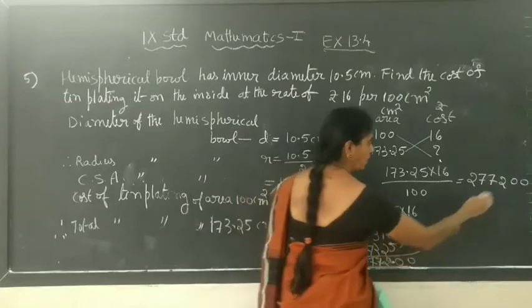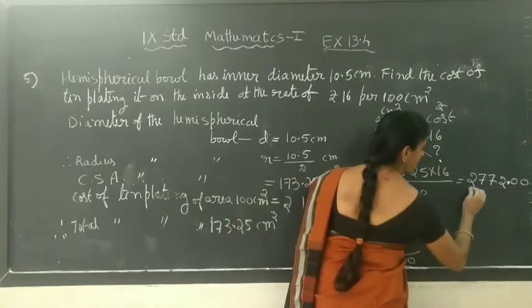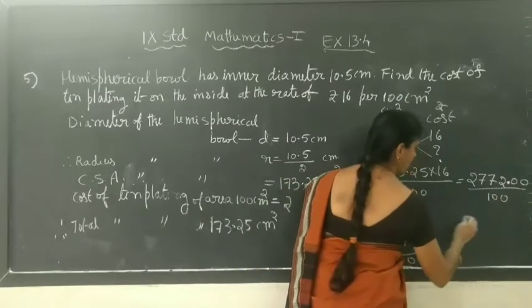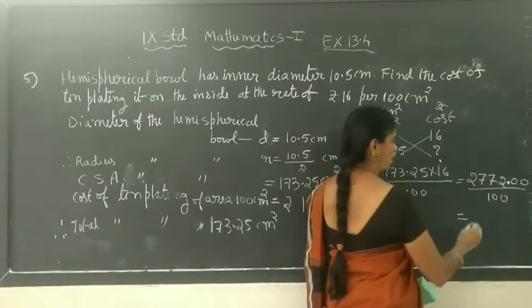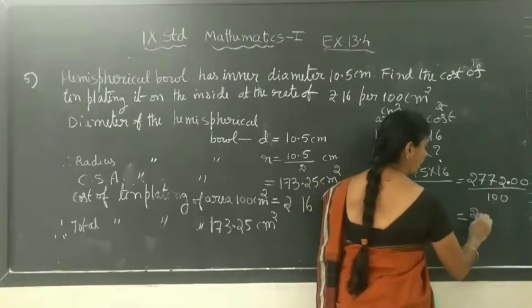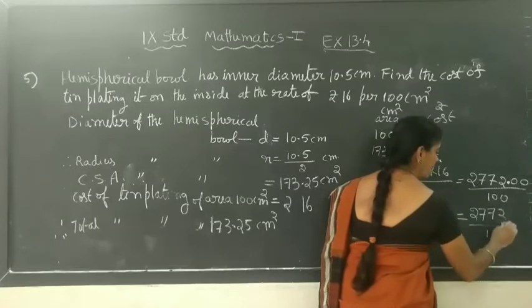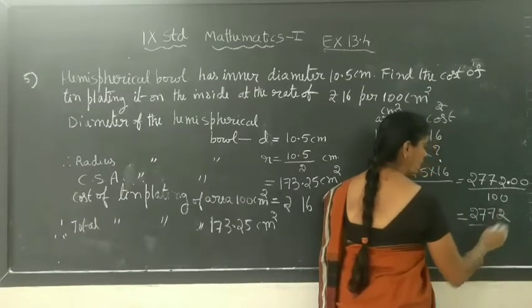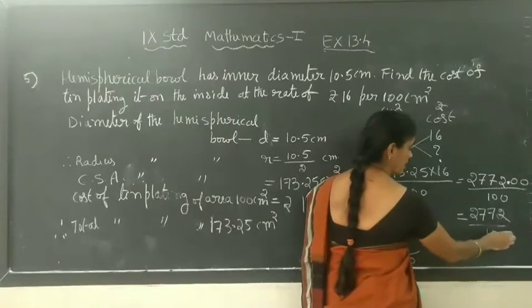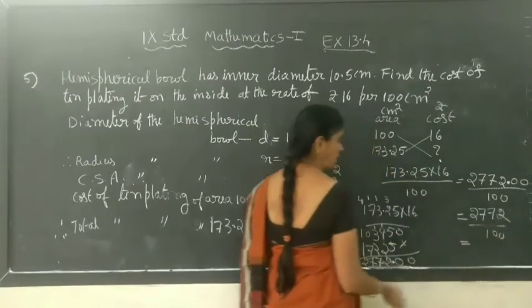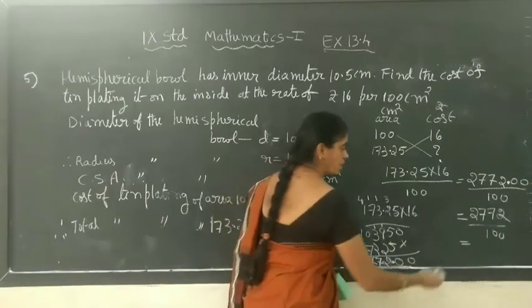So the point will come here. Divided by 100. So it is equal to, this 0 has no value, I can write 2772 by 100. And without multiplication, we can put the answer here. Since there are 2 zeros, after 2 decimal places the point will come.